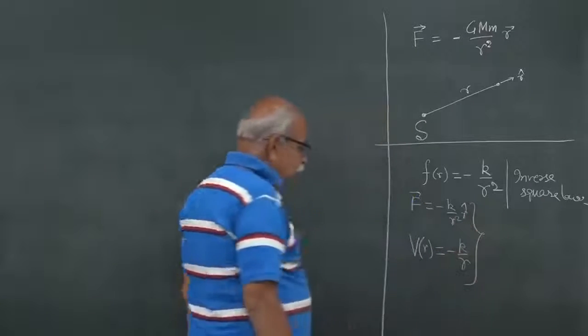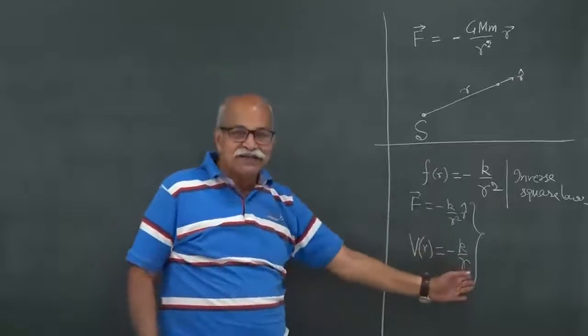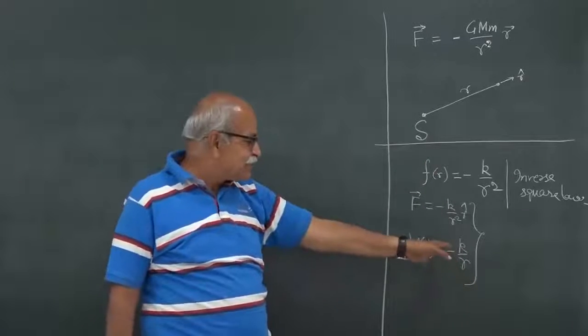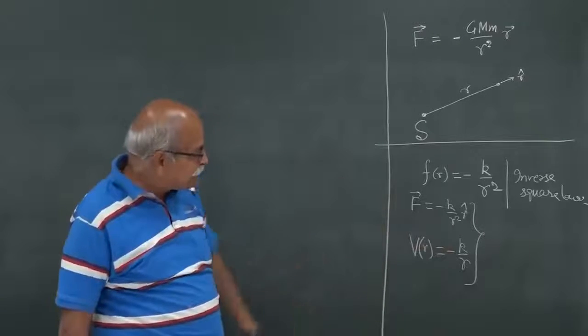So, I just plot this V of r versus r, it will be a hyperbola, and it will also give you some results, but not very useful. So, we do some mathematical manipulations.